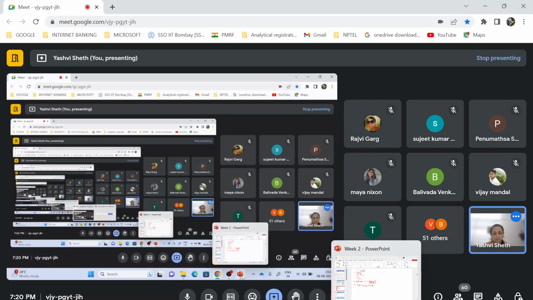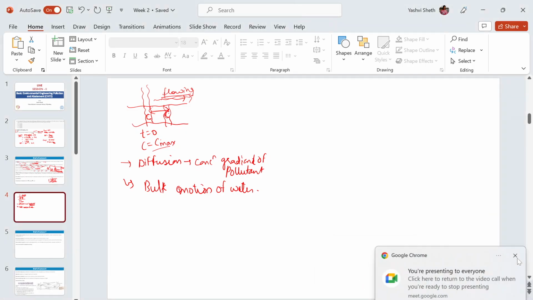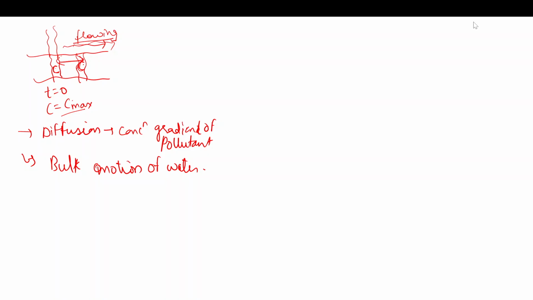Okay, so let me go ahead. In this case, as it moves forward, it disperses in this water stream. You can say this for air pollution also: if this is the chimney and you are emitting all the gases from it, then due to diffusion and bulk motion it will diffuse in the air.